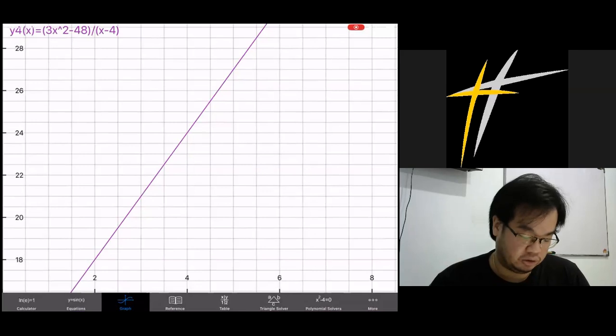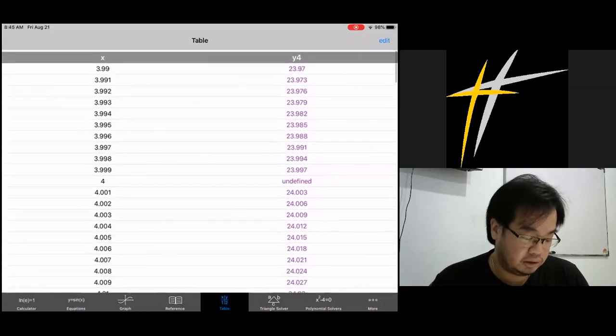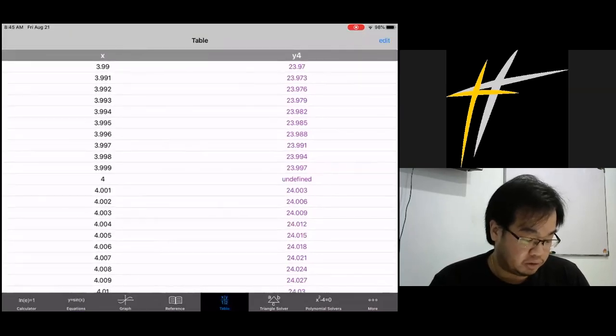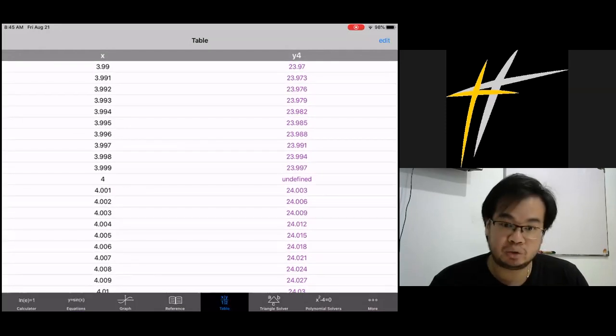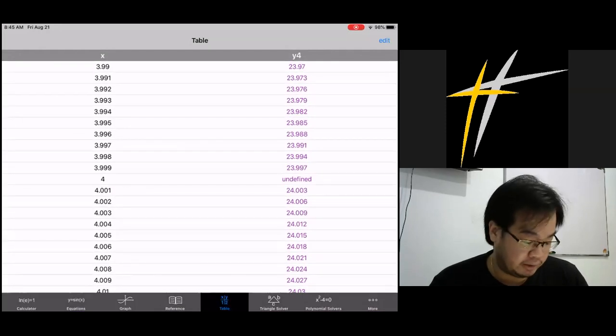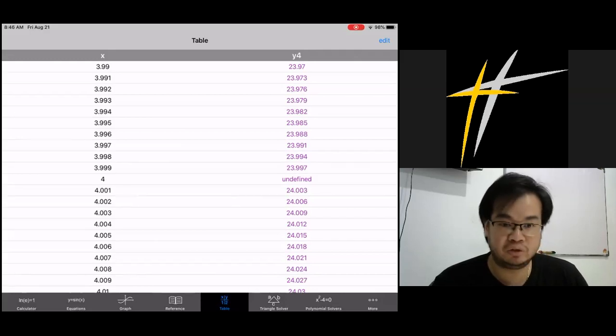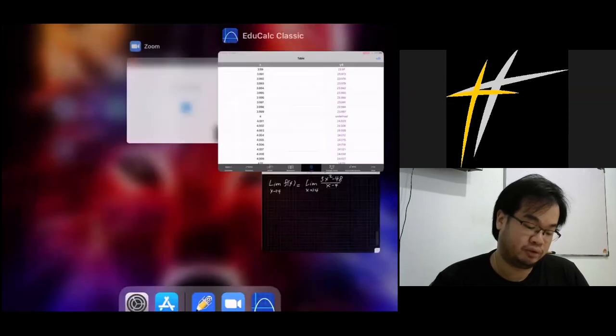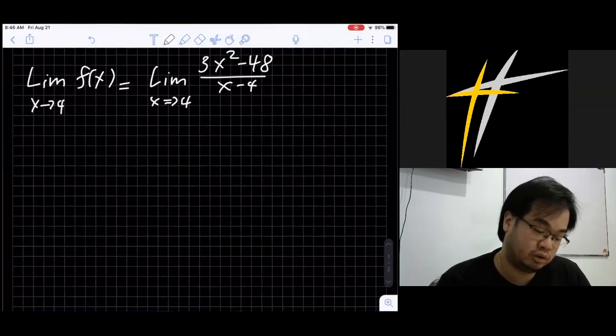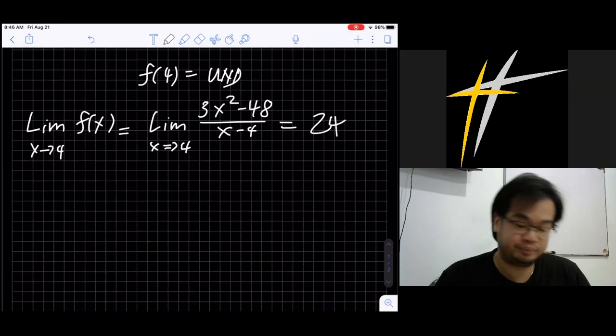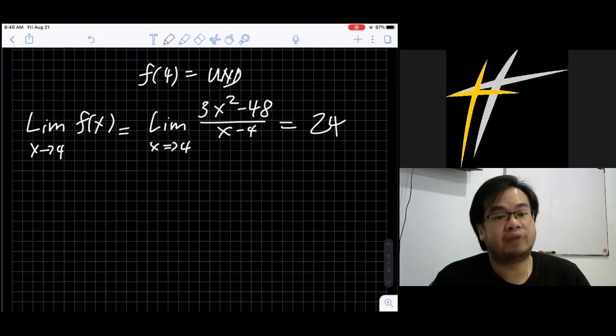It's also shown by the table: when x equals 3.999, y equals 23.997, and when x equals 4.001, y equals 24.003. So we can say that when x is approaching 4, y is approaching 24.